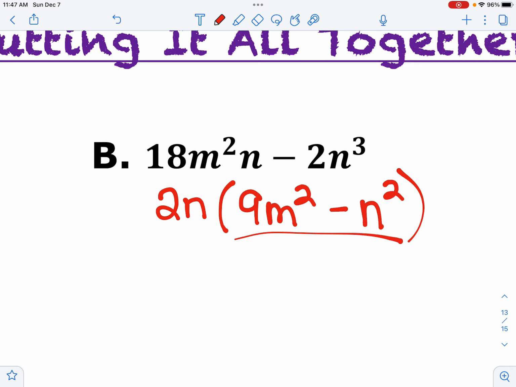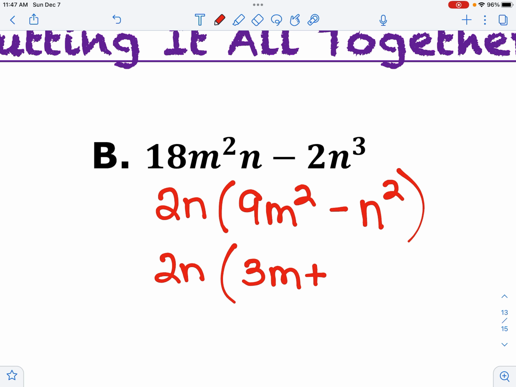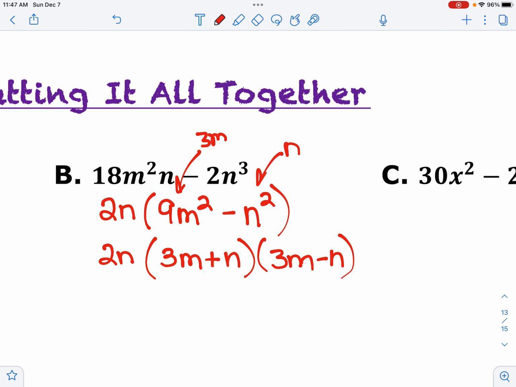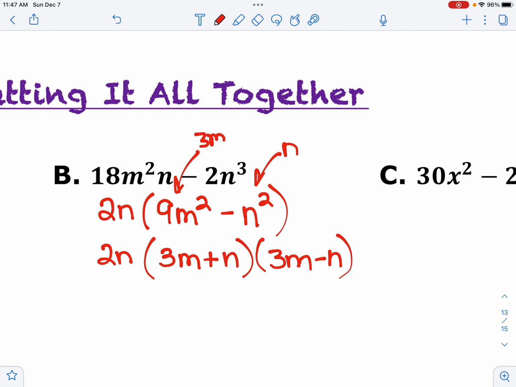Okay, now this is a difference of two squares because those are both perfect squares. So let's see. This would be 3m plus n and 3m minus n, since the square root of this is 3m, the square root of this is n. Difference of two squares.